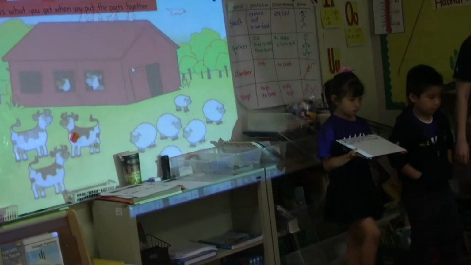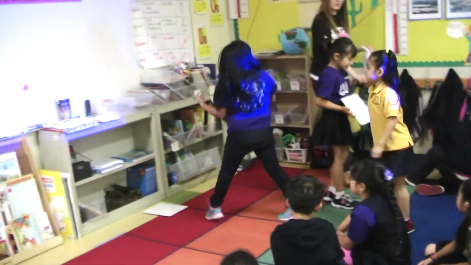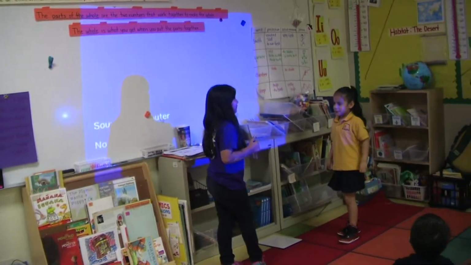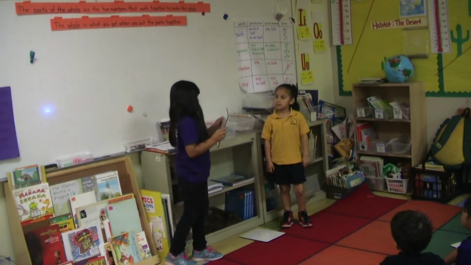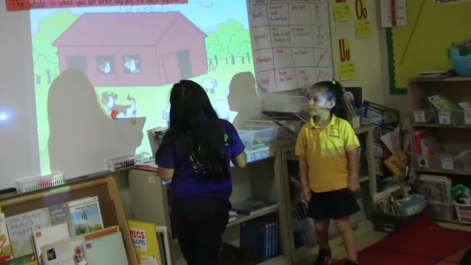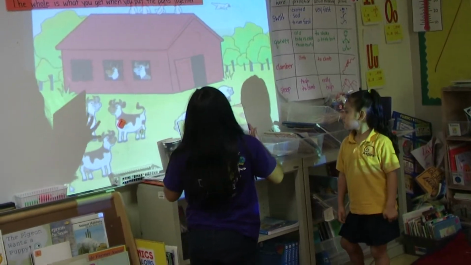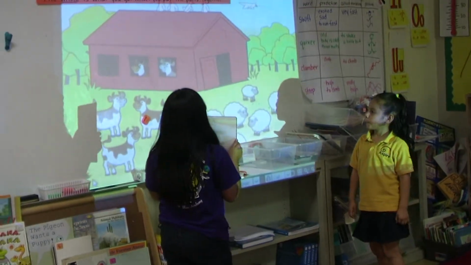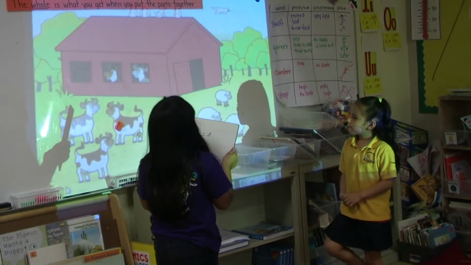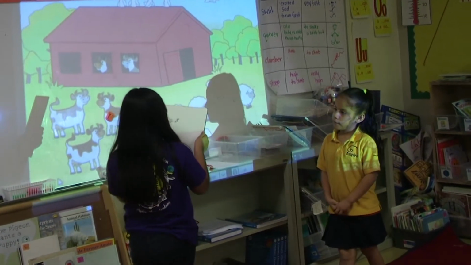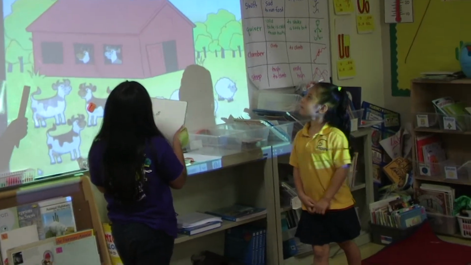Take a seat, friends. Joanna and Isleni. Okay. Tell us what you got. 5 take away 1.